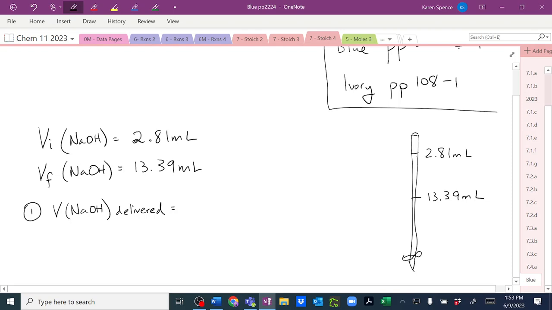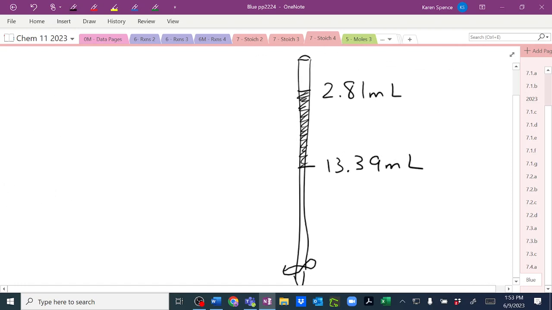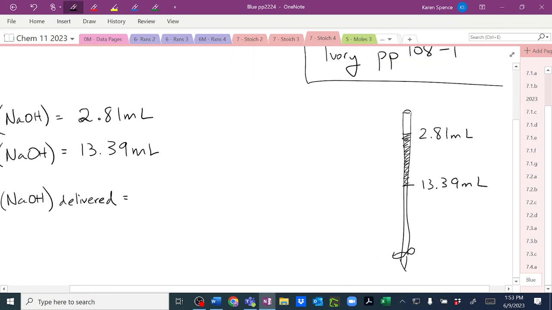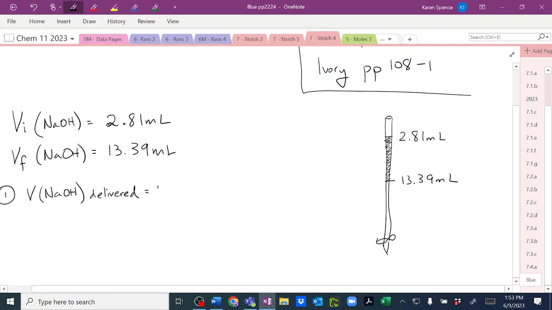If we started here and we finished here, how are you going to figure out how much went out? You're going to subtract, yes? You're going to take 13.39 and subtract 2.81.